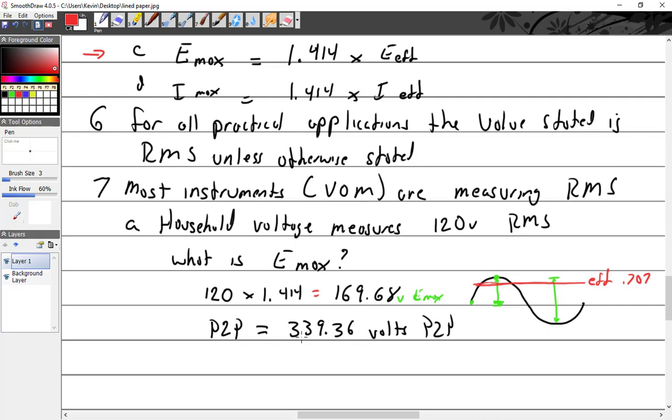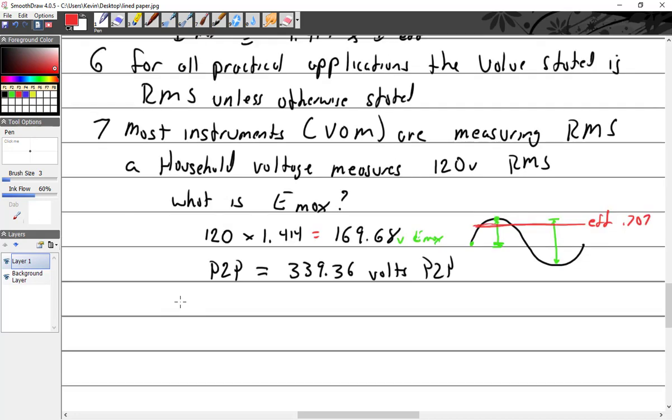All right, we have enough time for one more question then. If a certain circuit has a peak voltage of 56 volts, as indicated on an oscilloscope, so that's the O-scope voltage, what is the RMS?